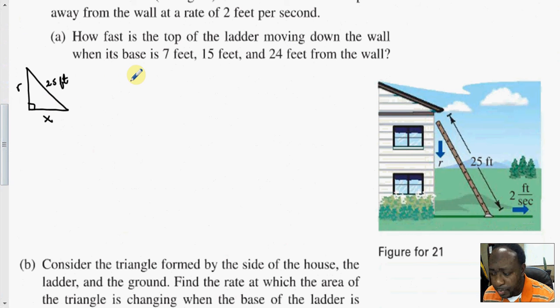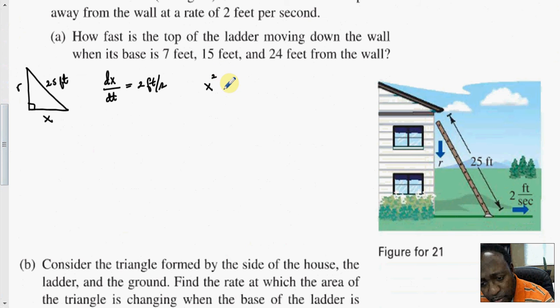Now notice that they give us this rate along the base of the ladder as it's changing, so that's dx over dt, and so that's 2 feet per second. Now this triangle is a right triangle, so it forms for us this equation, the Pythagorean theorem, x squared plus r squared is equal to 25 squared.